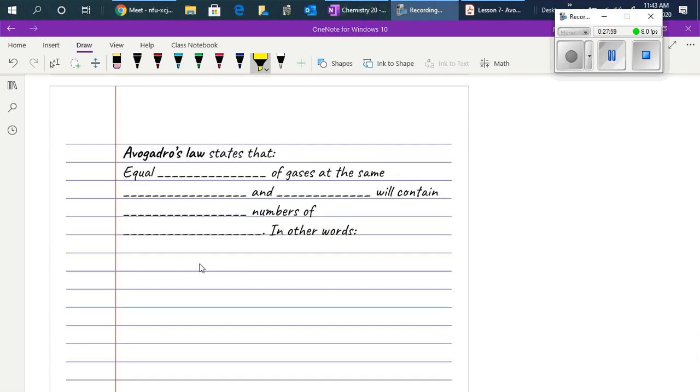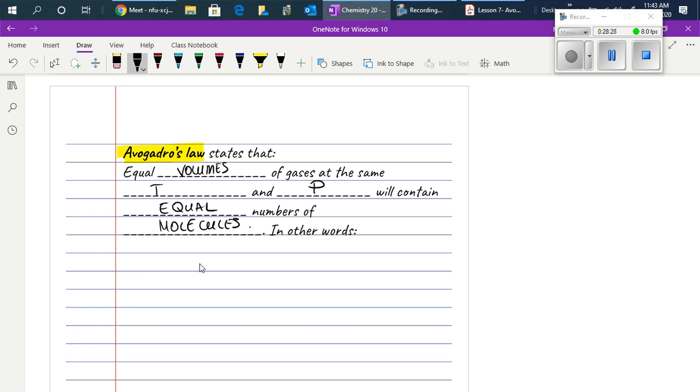Okay, let's take a look now at what is known as Avogadro's law. Avogadro's law states that equal volumes of gases at the same temperature and pressure will contain equal numbers of molecules.